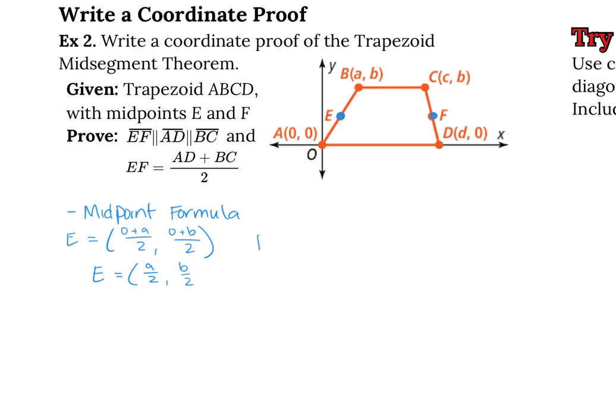Next, I want to find the coordinate for F. So that will get me, I'm going to switch these around, C plus D over 2, and then B over 2.